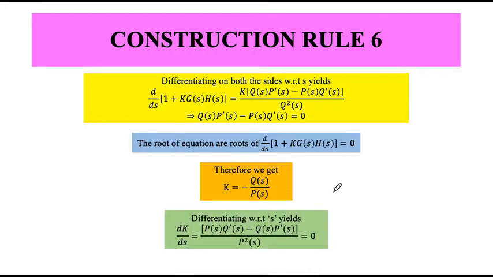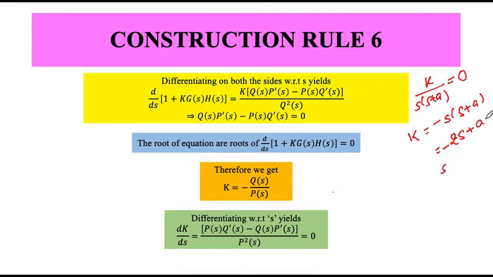So let's again compute for this example: 1 plus k by s plus a equals to 0. So k will be minus s times s plus a, so it will be minus s into s plus a.